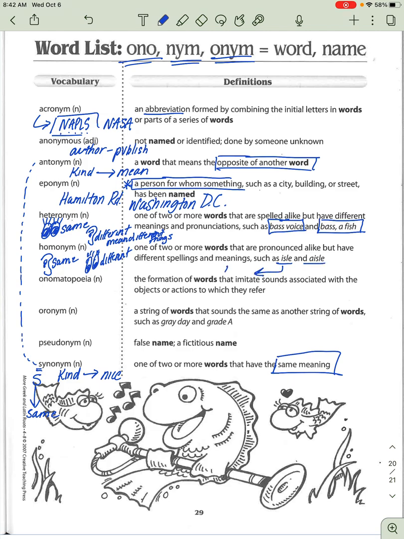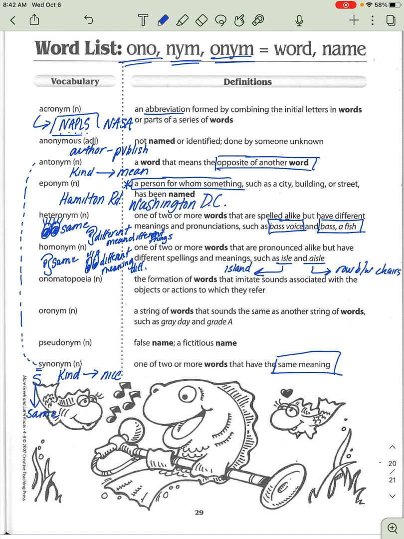This one is like an island. This one is like a row between chairs. Okay, so they look different because they're spelled differently, and they mean something different, so their meaning is different too. Okay, but they sound the same.